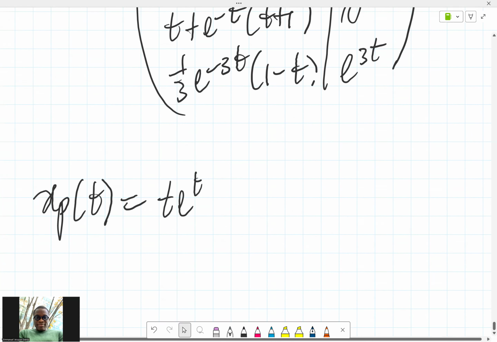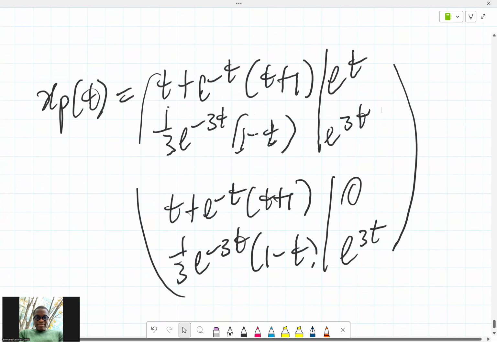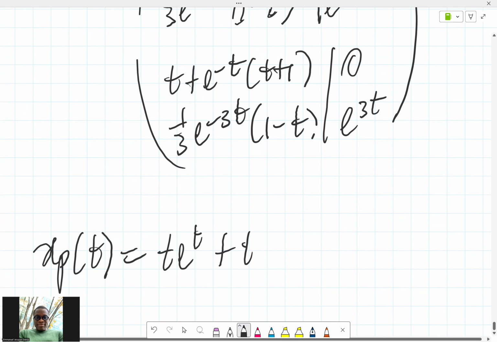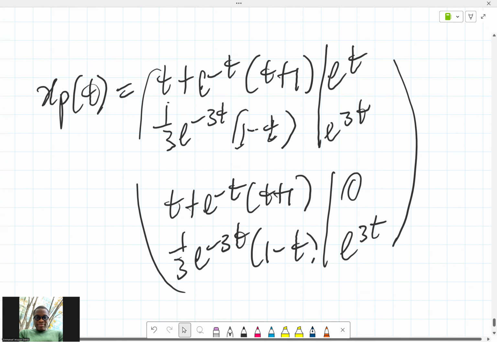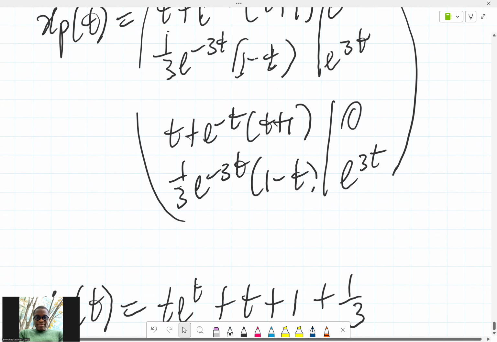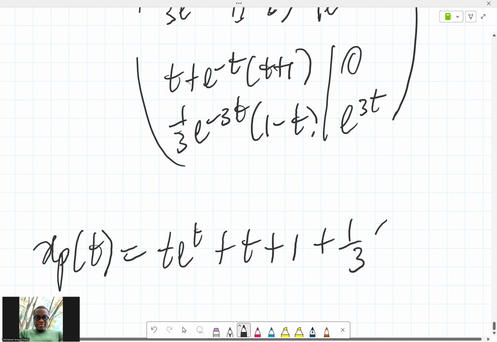So we have t plus 1, t e raised to power t plus t plus 1. Lovely. Then when we come down here, e raised to power 3t cancels e raised to power minus 3t. So we have plus 1 over 3 into 1 minus t. That's for the top now.